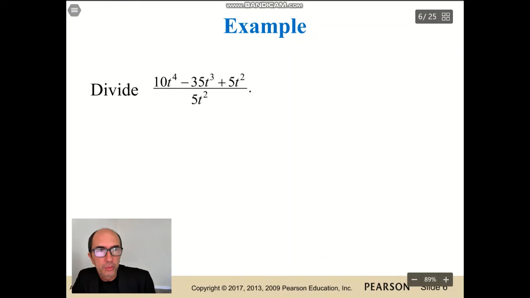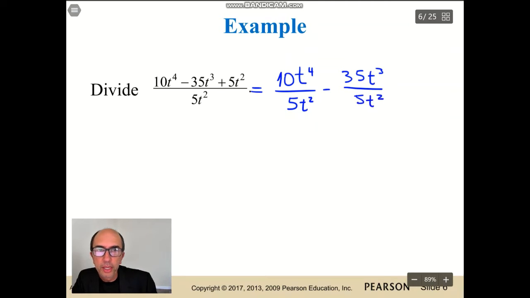So divide each term of the polynomial by the monomial: 10t to the fourth divided by 5t squared minus 35t cubed over 5t squared and plus 5t squared over 5t squared.